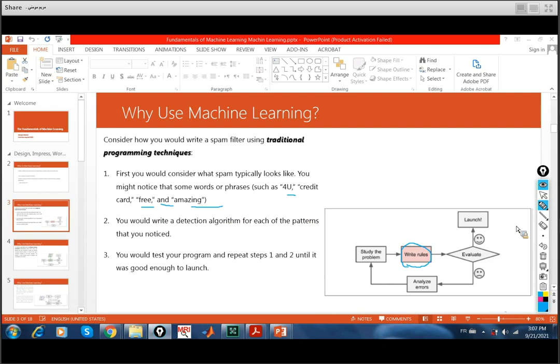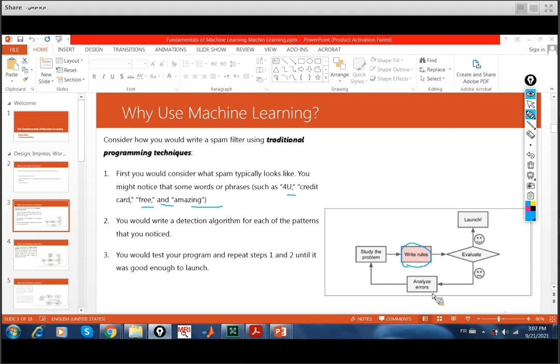After evaluation, if we can recognize "for you," "credit cards," "free" and "amazing," then we must be happy.